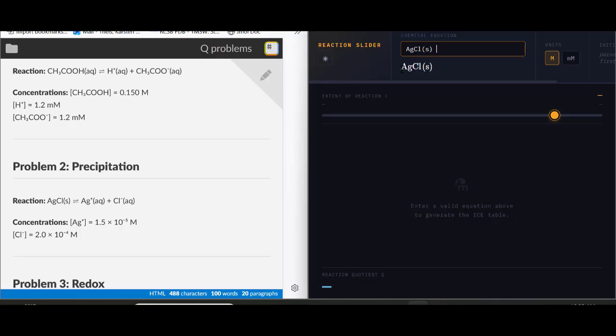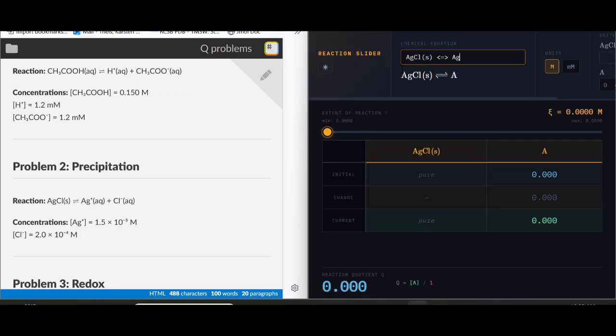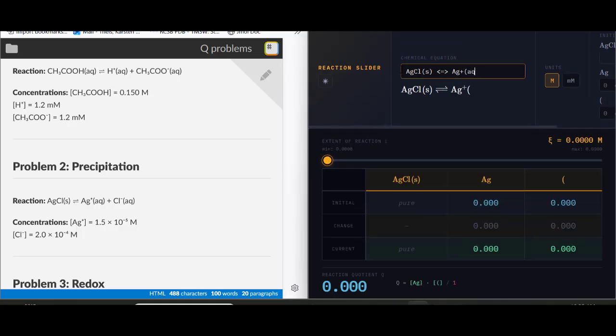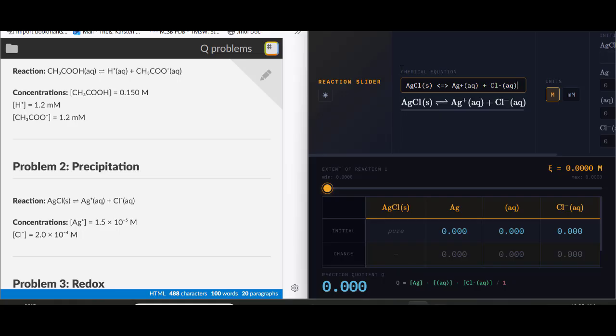And then this is the equilibrium arrow again, so less than sign, equal sign, greater than sign. And then we're doing Ag plus. The charges, if there's only one charge, you can just write it behind it, and it's going to typeset it properly. Plus chloride.